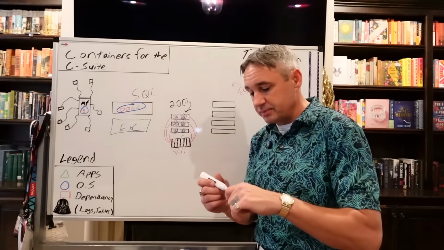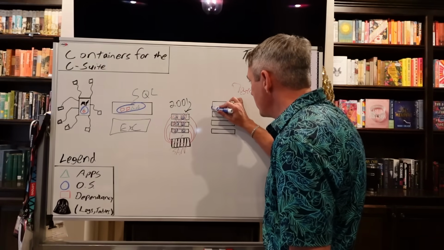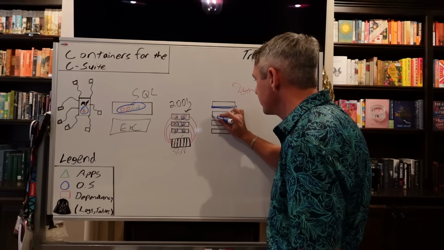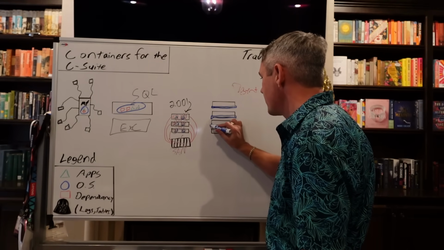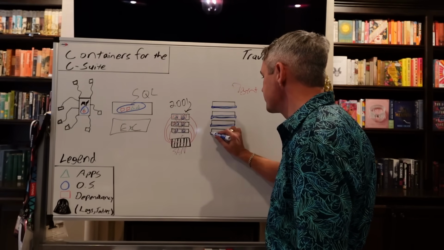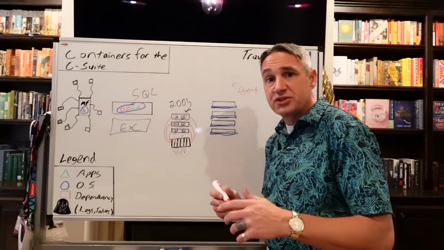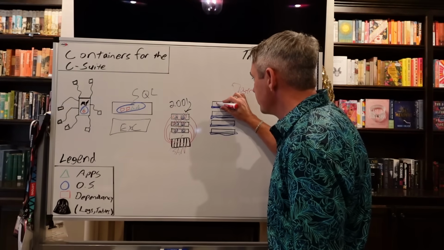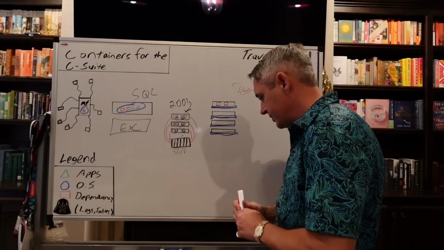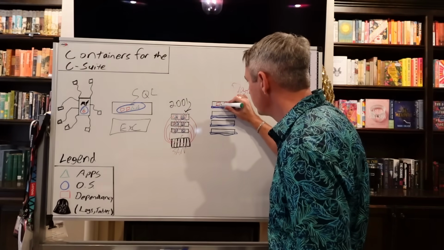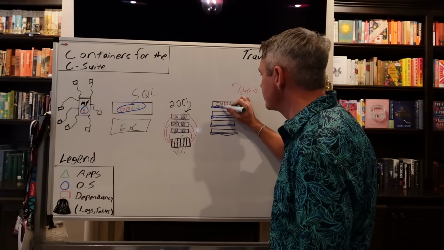So the way a container works is we take our OS, typically Linux-based, and we stripe it across the base of each server. Now what this allows you to do, in the background via command scripts, is take your dependencies and your apps, and they're treated independently, and we can link these through the OS to each other.